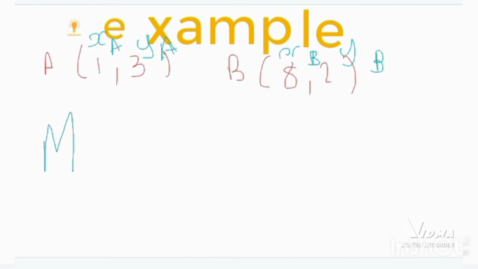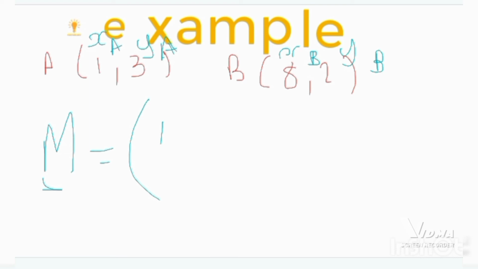So it's M, and remember, note this, the midpoint is represented by a capital letter M. So our x1 will be xA, which is 1, and you can choose whatever point you want to start from, but it needs to be x.